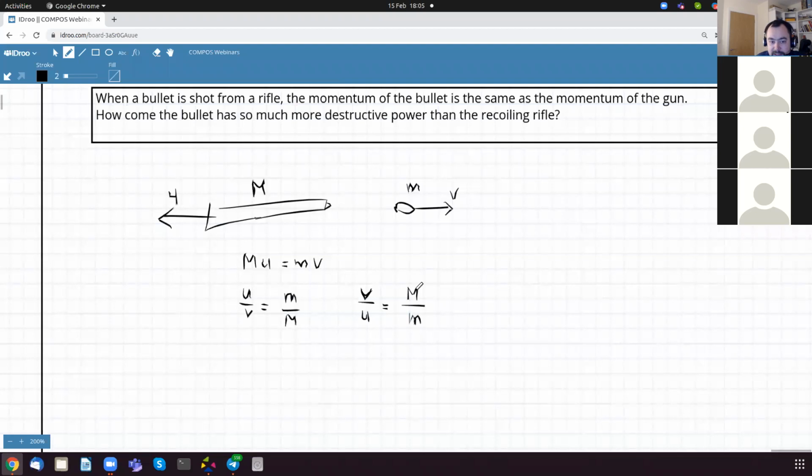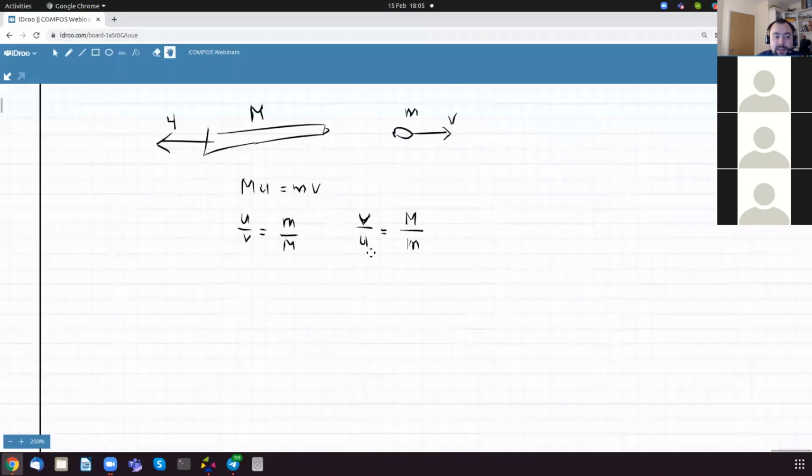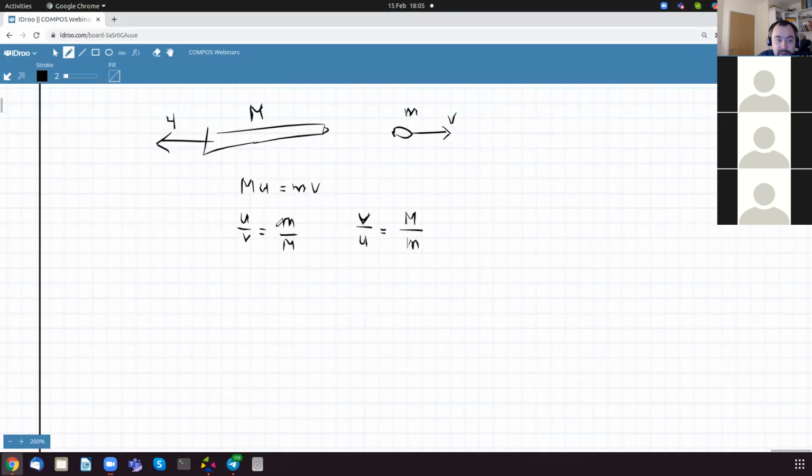So if the rifle is 10 times heavier than the bullet, that means it travels 10 times slower. That's from the conservation of momentum. And I'm doing modulus here. I don't care about the signs at this point.